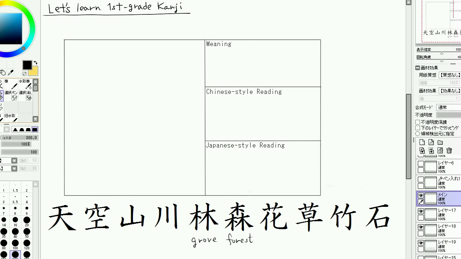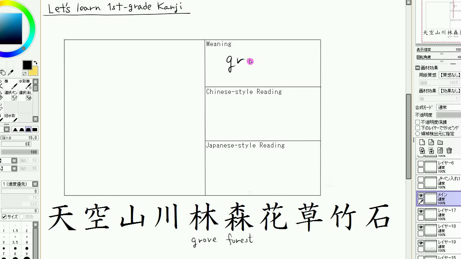Now the next one, it means like grass. Yeah, that's why it has the same component for plant. Okay, so you make the first one, and then you make a little bit short version of the kanji sun or day.